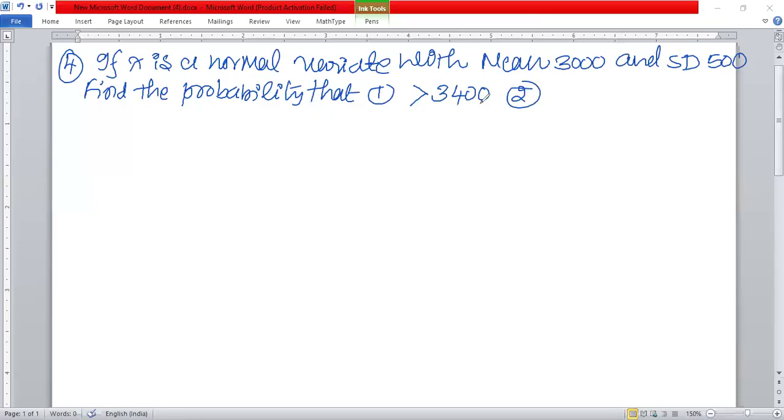The second one, between 2,500 and 3,500.